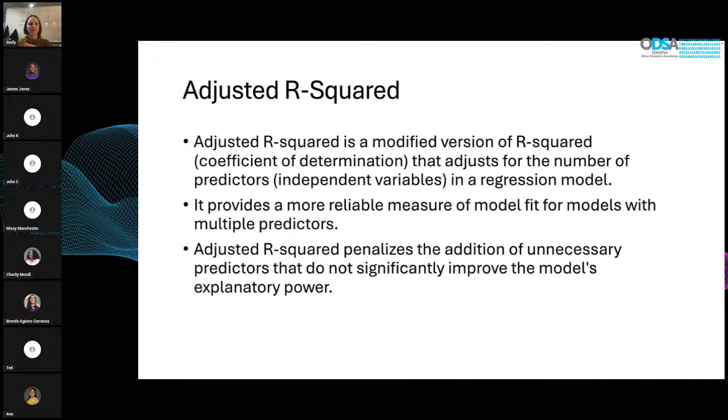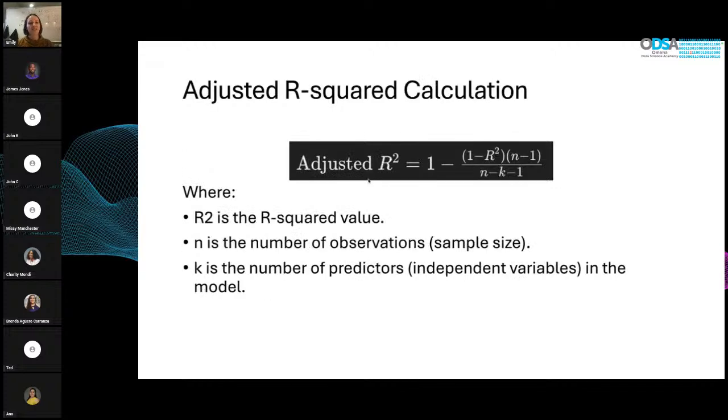So that was a lot of words. Let's look at this calculation, and then I want to talk more about what exactly adding more features and explanatory power mean. So adjusted R squared is 1 minus R squared times n minus 1 all over n minus k minus 1. n is the number of observations, your sample size. k is the number of predictors.